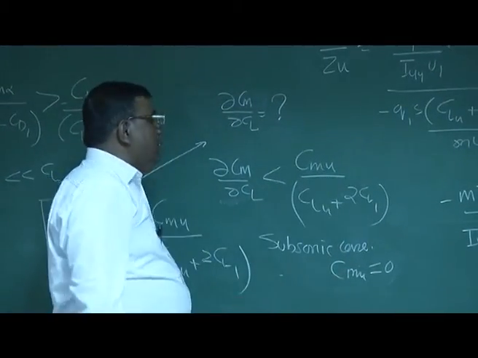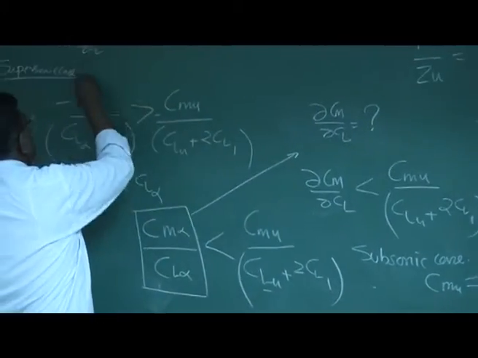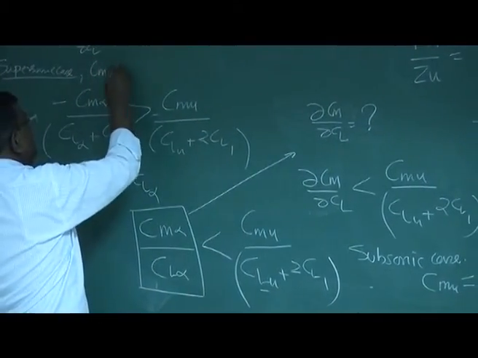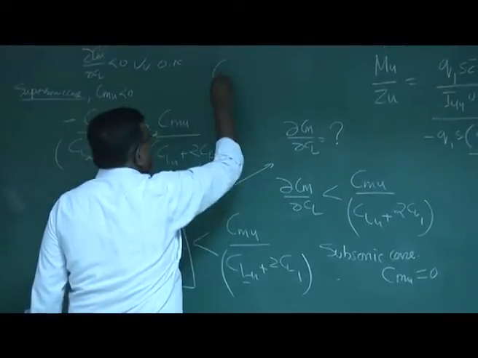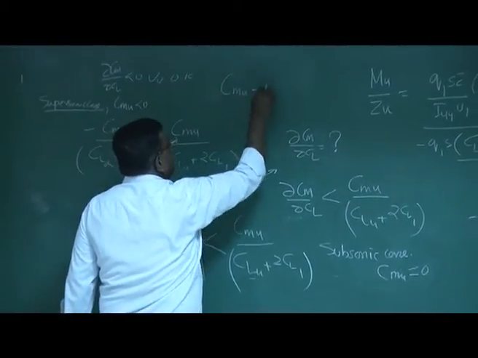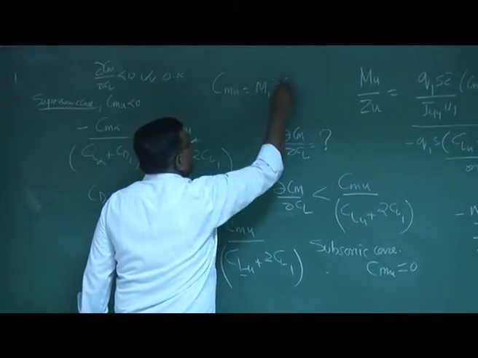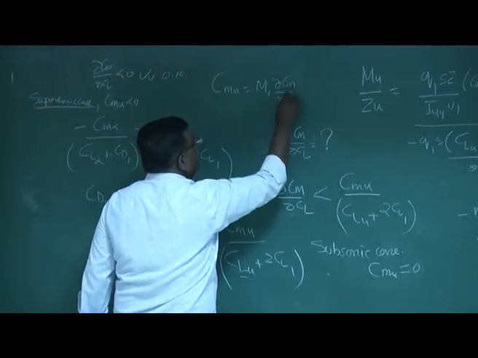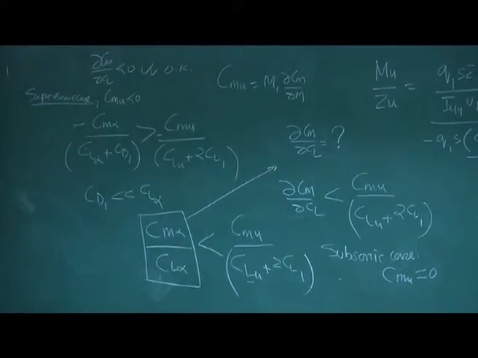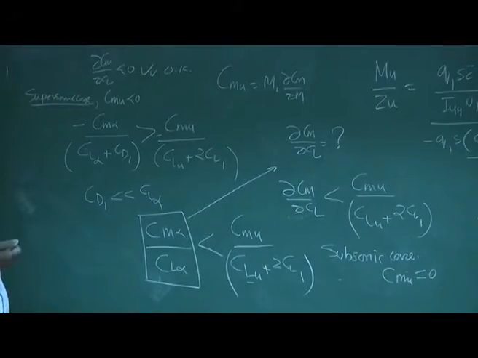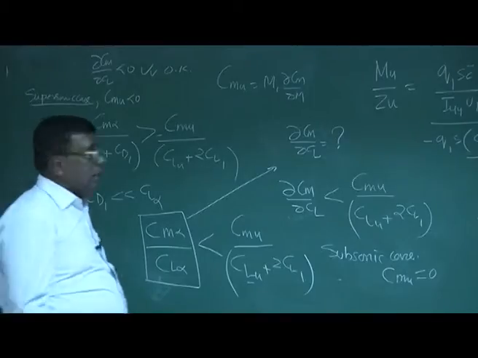Supersonic case, Cmu is less than 0, because Cmu is nothing but M1 into dCm by dM. And what happens? As the aircraft goes supersonic and increases speed, the center of pressure or the aerodynamic center of the tail goes backward. So this tail moment increases, which gives you a nose down moment and the tuck under effect, right?